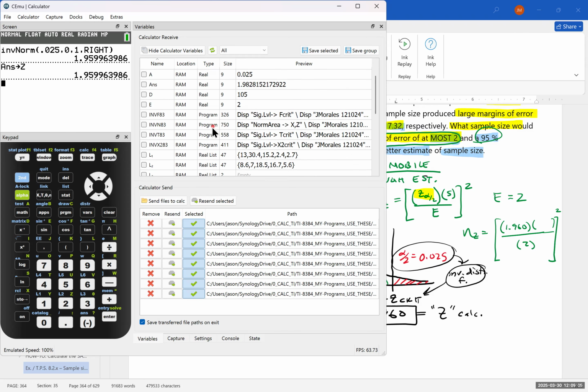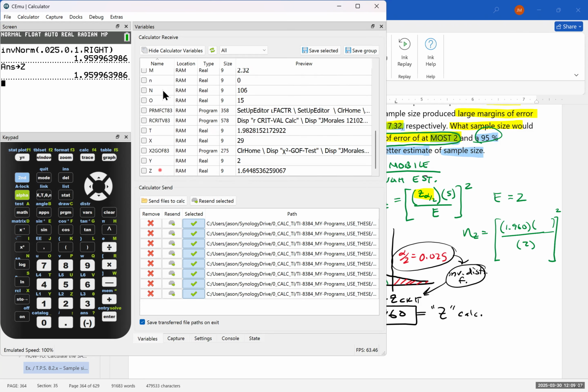No. Okay, well, let's check and see. So the best way to check and see is just to put this in, see what it is. 11.464. So that looks right.